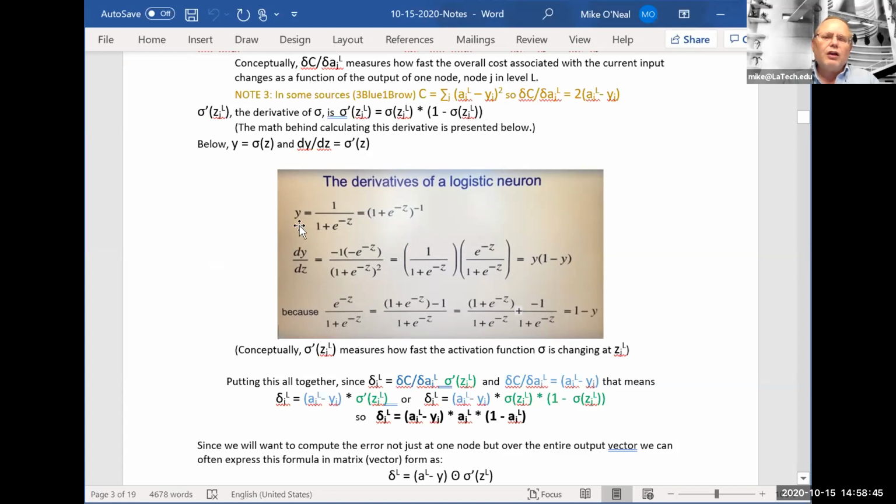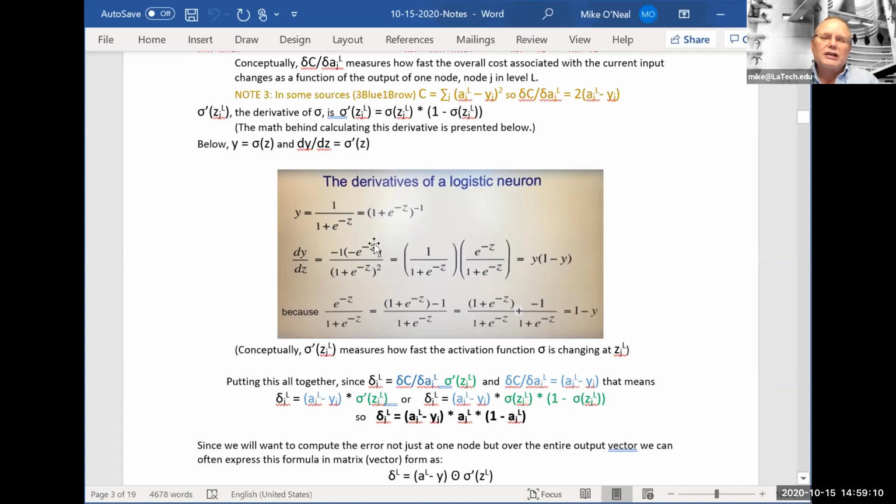So first off, y equals 1 over 1 plus e to the minus z. Another way of writing that is 1 plus e to the minus z, to the minus 1. Minus 1 is just 1 over that. So this is showing this algebraic equivalence here. The next thing it says is, okay, the derivative is this.